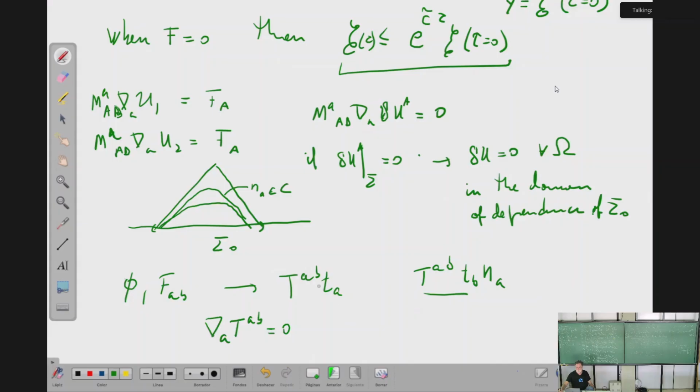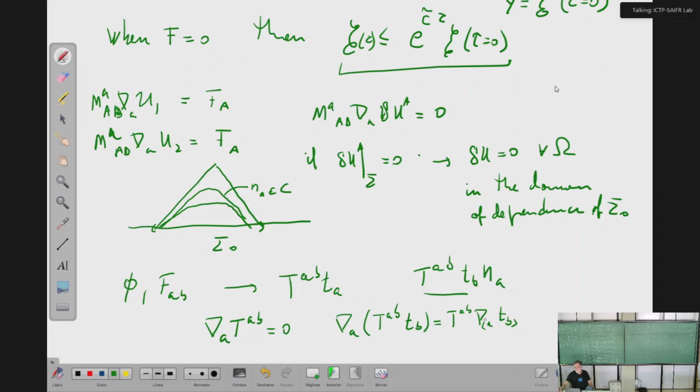So this term here, when you get this integral here is just T^AB ∇_A V_B. If this is 0, for instance, if V is a Killing vector field, because T is symmetric, so this is the same as this, and if V is a Killing vector field, this is 0.